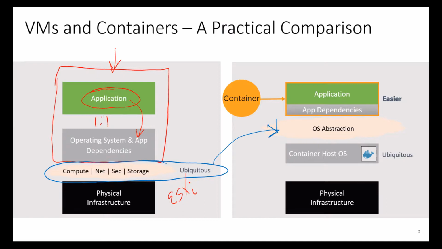And the answer is yes. It's your container. This is what the whole container paradigm is bringing to the table. We're actually moving the application dependencies up into the container. And we're turning this orange box into this new unit of portability.